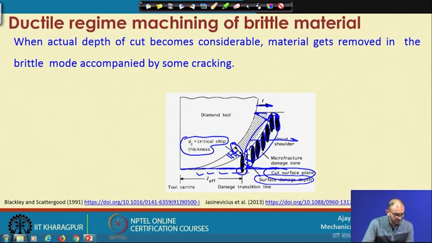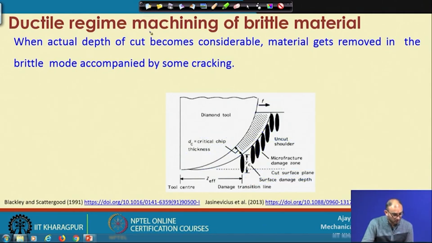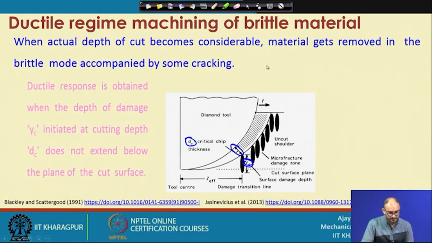So, our objective is that this YC should not cross this line. This particular DC makes sure that if you set your DC, that is the uncut chip thickness, below this level, then this YC will not cross the plane surface, right.